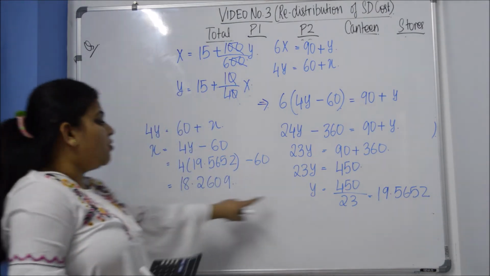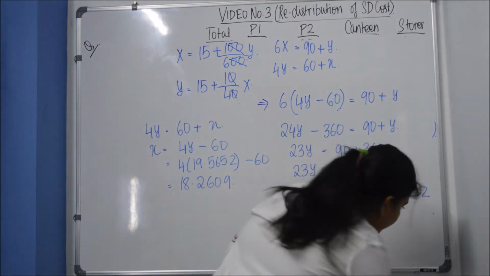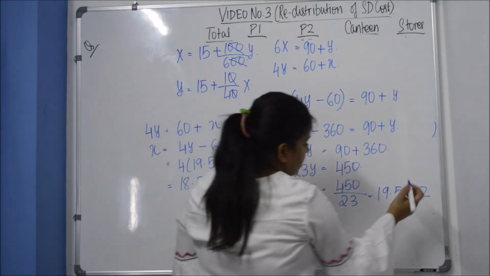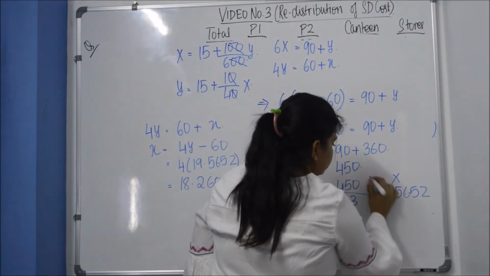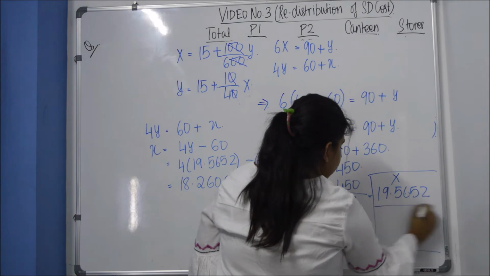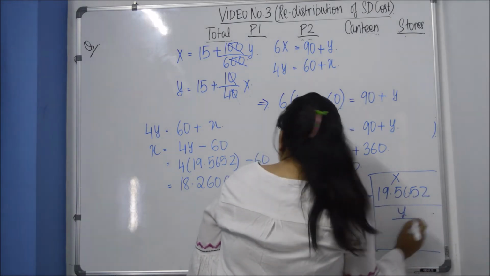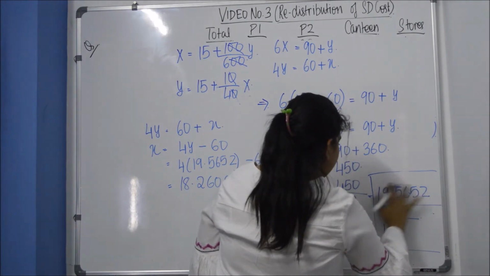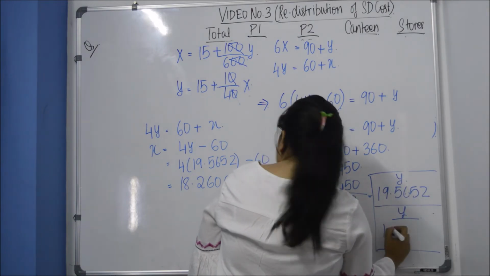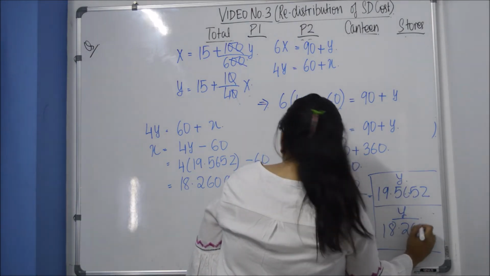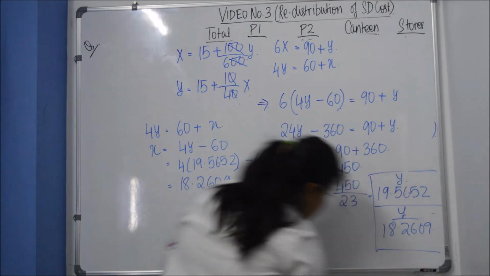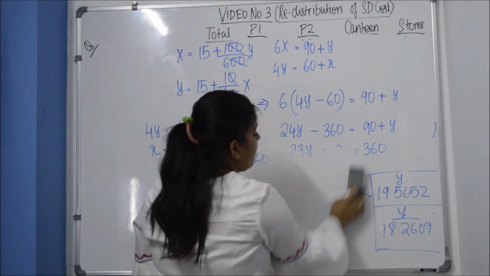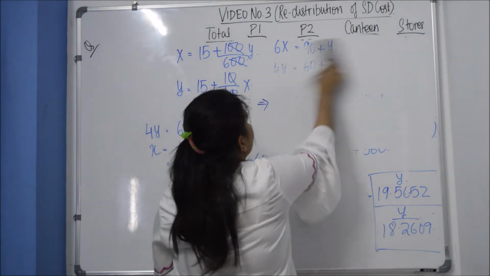So this is the value of x and y. I write down these values in one corner. y is 19.5652 and x is 18.2609.